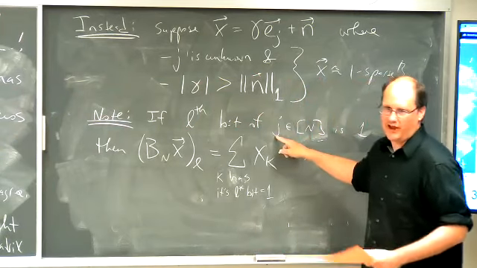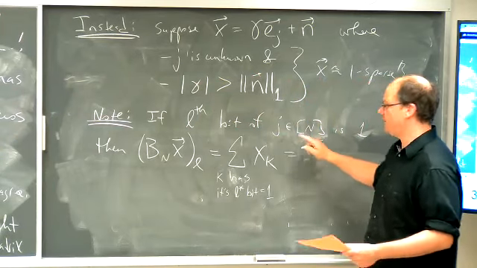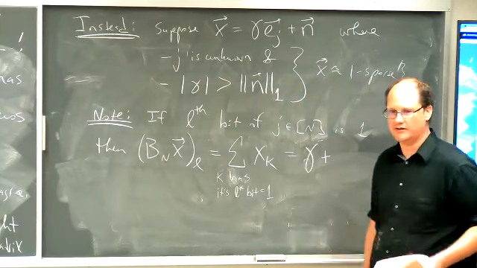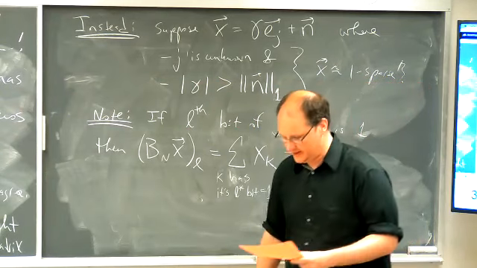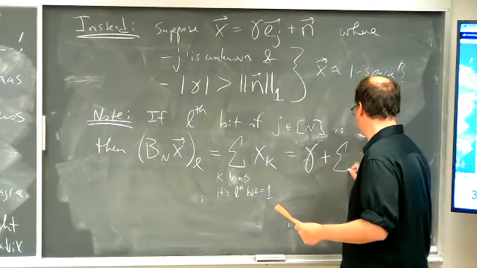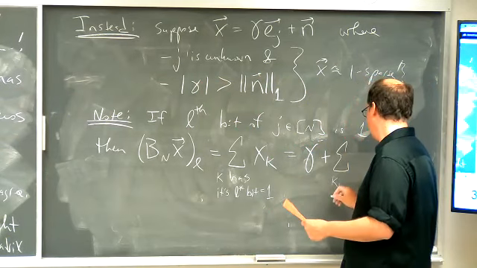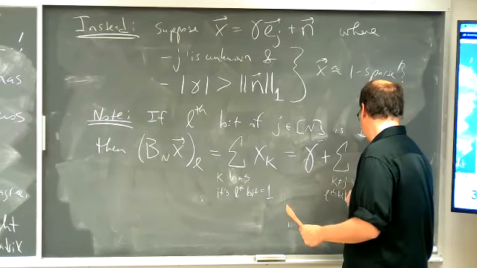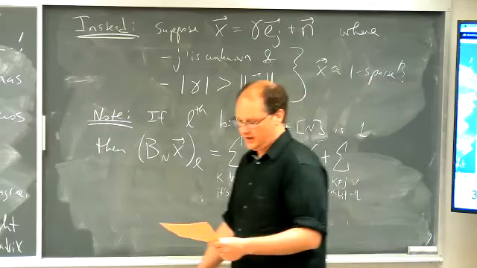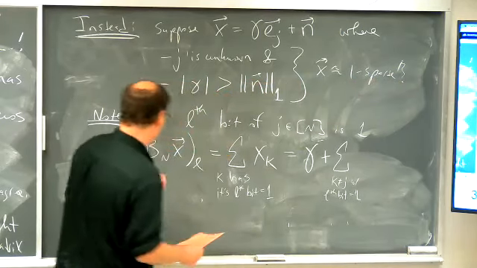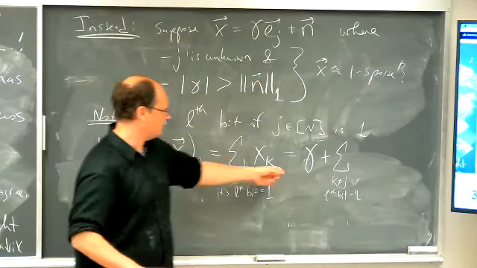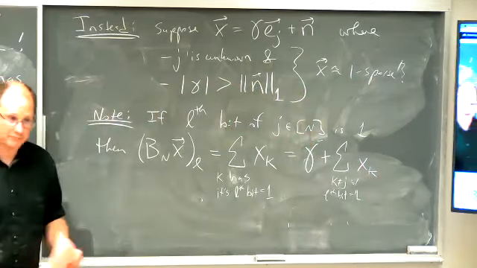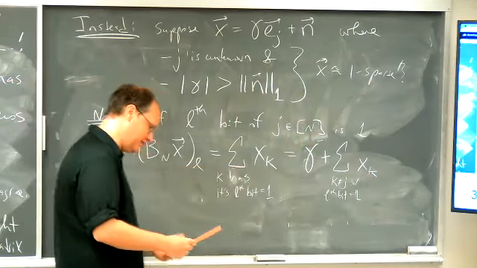So if J's Lth bit is equal to 1, then J is going to be in this sum. So this is going to be equal to gamma, which is something quite large, plus some other stuff, so plus the sum over k not equal to J with Lth bit equal to 1. Right? And this entry should be quite big then, because gamma is quite large compared to all of these other entries of X that we're adding up. Right? So this should be big.